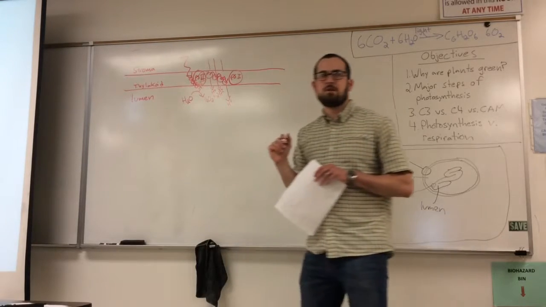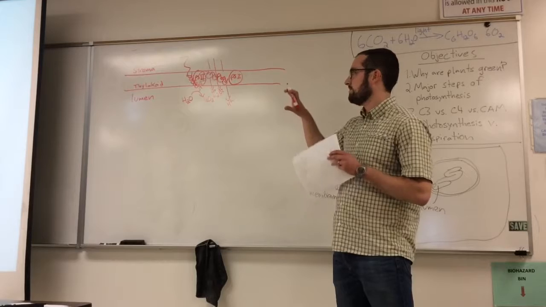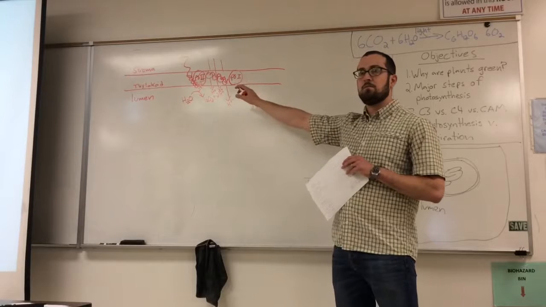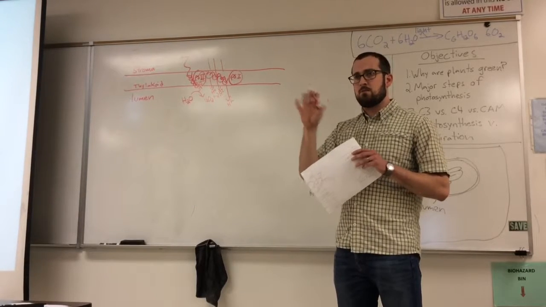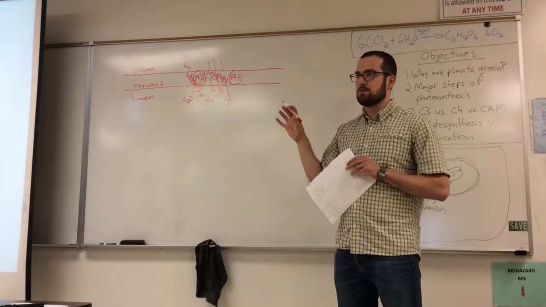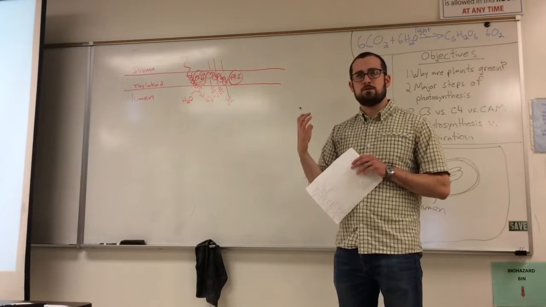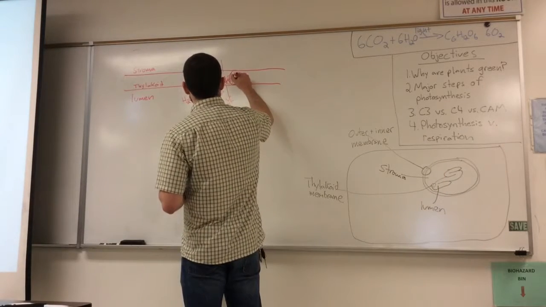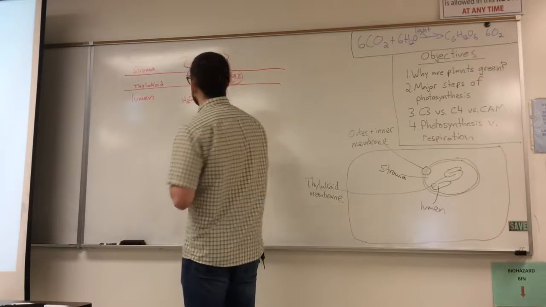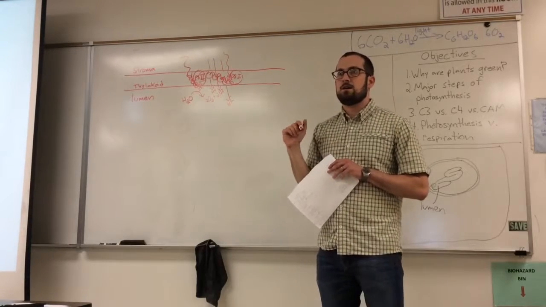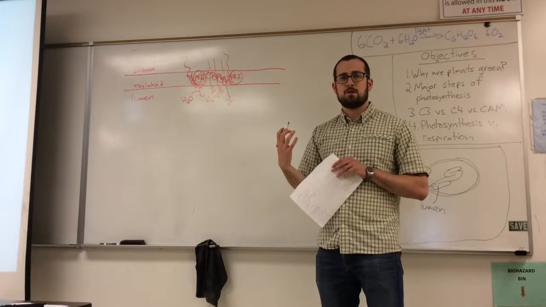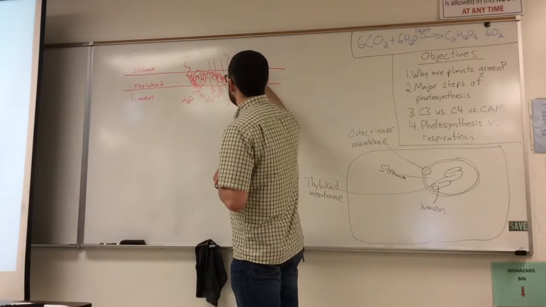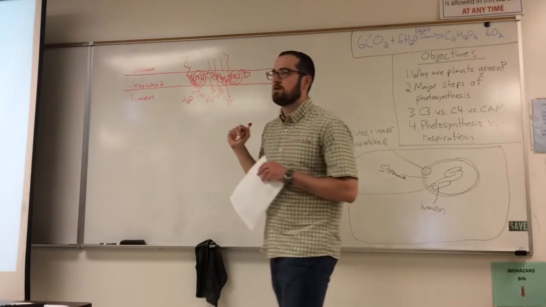All right, so we've now pumped a bunch of protons into the lumen, and our electron has now arrived at photosystem 1. Photosystem 1 has that same array of pigments around it, has different chlorophylls, so it too can absorb energy from light. So we'll have another photon of light that's going to come in and hit the pigments in that photosystem, and it will excite the electron in the reaction center, and that's going to get passed to another molecule.